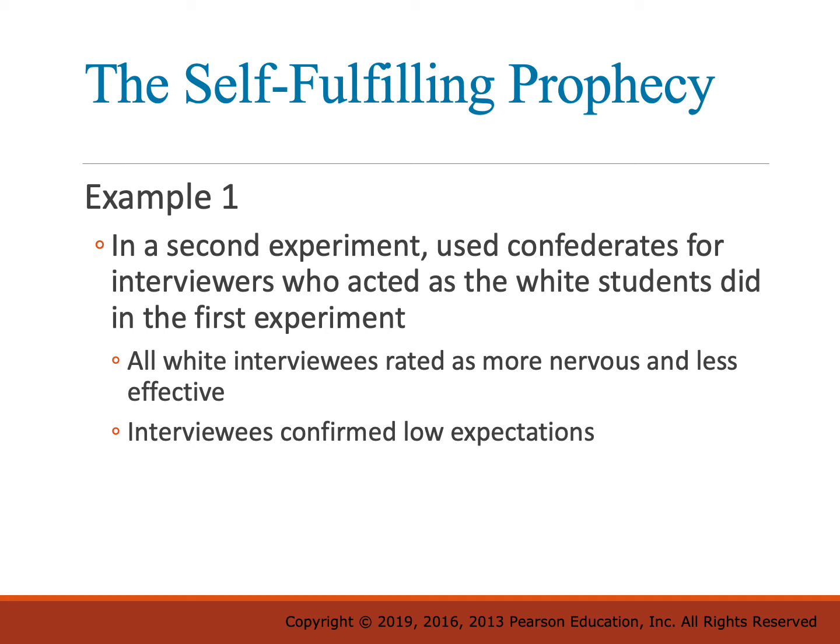All the white interviewees were rated as more nervous and less effective. So the white interviewees were confirming the low expectations that they were picking up from the nonverbal behaviors they were getting from the interviewers, right? So the interviewer's behavior communicated the interviewer's expectations, which were that the interviewee would not do well in the interview.